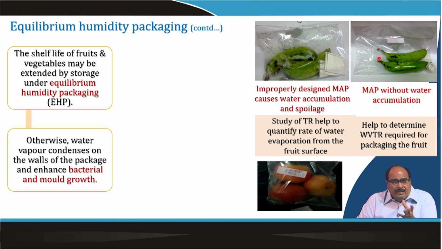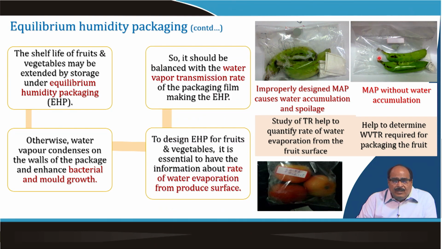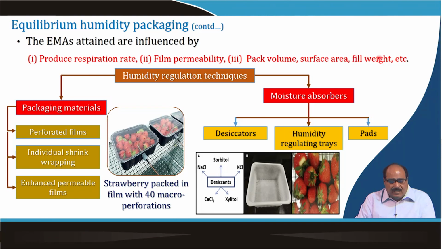So, basically, equilibrium humidity packaging can be used to extend the shelf life of fruits and vegetables considerably. If the equilibrium humidity is not maintained inside, the water vapor will condense on the walls of the package, and it will enhance bacterial growth. So, to design EHP of fruits and vegetables, it is essential to have information about the rate of water evaporation from the produce surface, and it should be balanced with the water vapor transmission rate of the packaging film, so that there is no condensation of water inside.